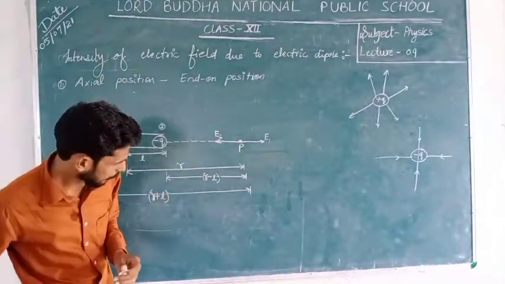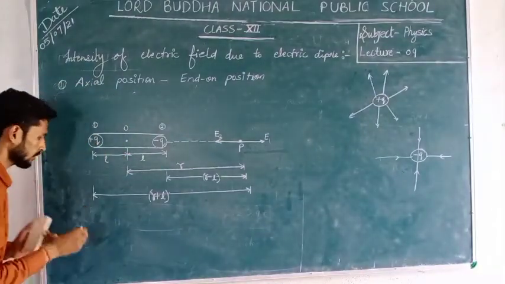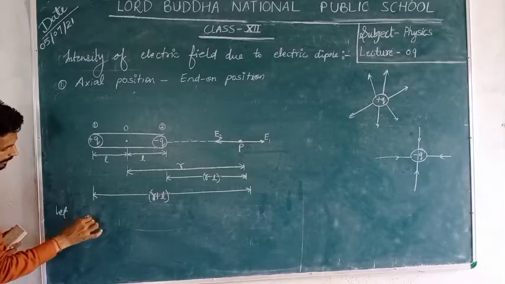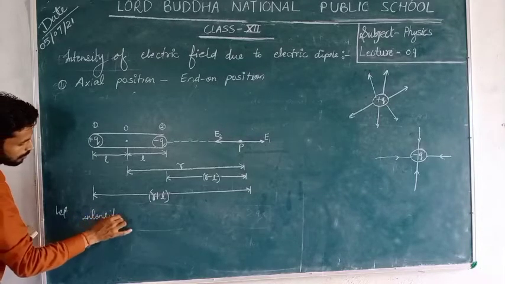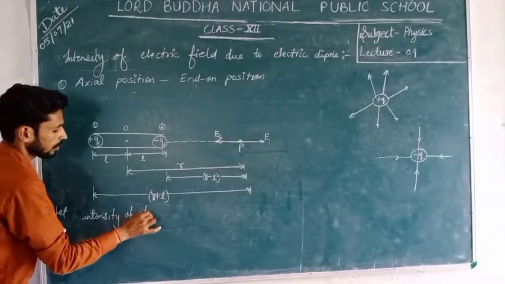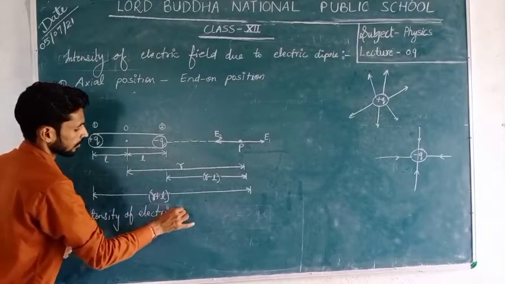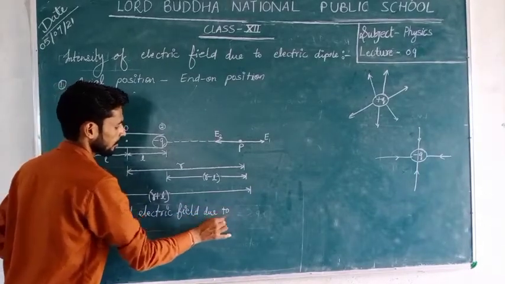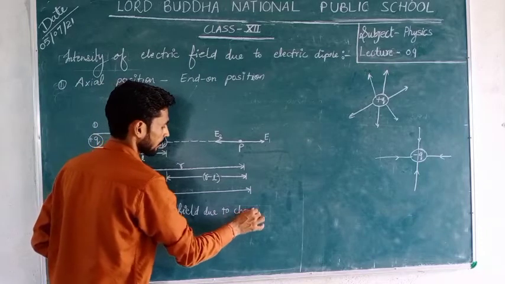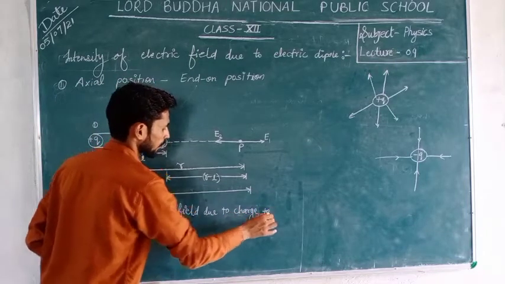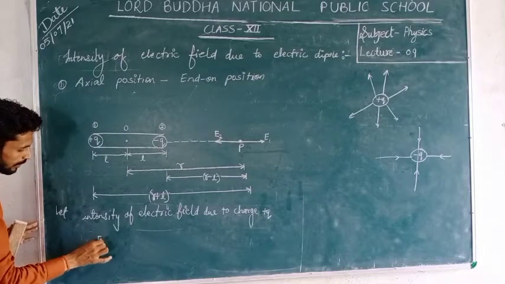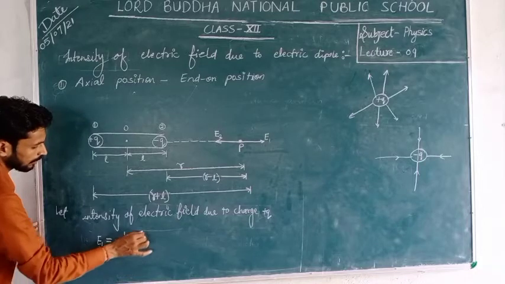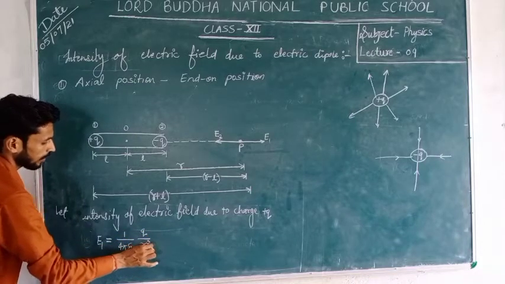Now let the intensity of electric field due to charge plus q be E1, which equals 1 upon 4 pi epsilon naught times q upon r square.